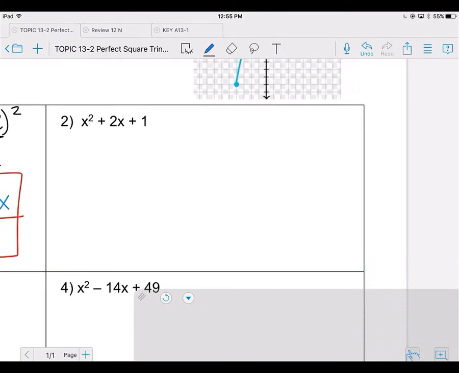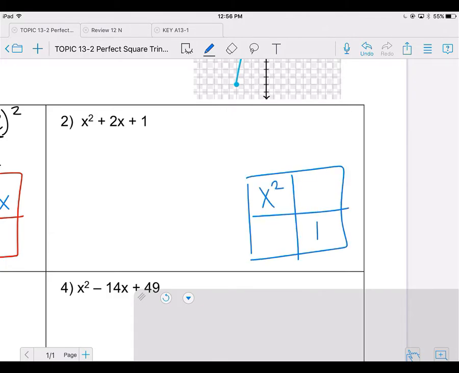Problem 2. I don't have a GCF. I know that because my number has a 1, and you can't take anything out of 1 besides 1, and not all of them have numbers. So x squared and 1 go in my box. I multiply them for my product. My sum is 2x.